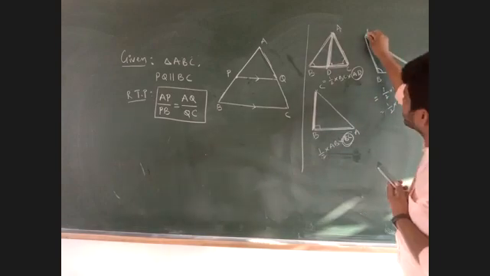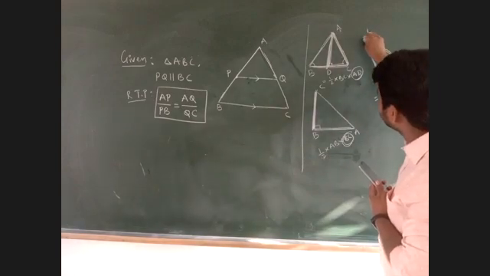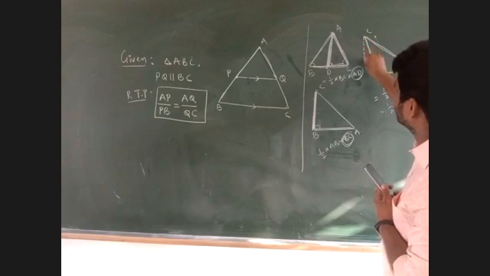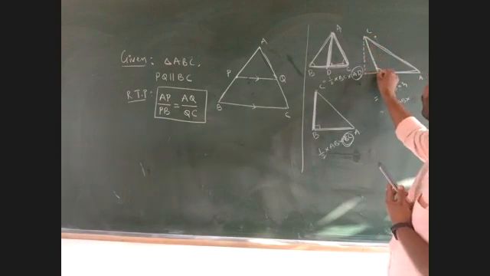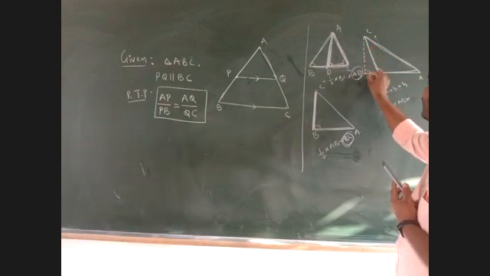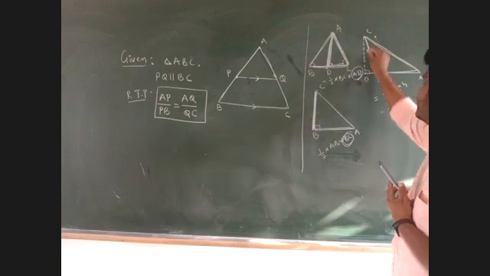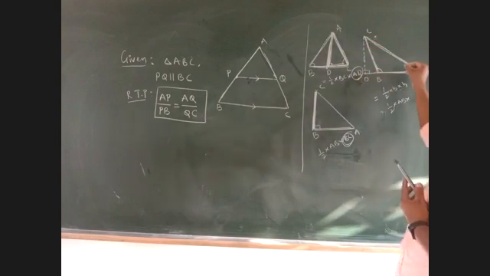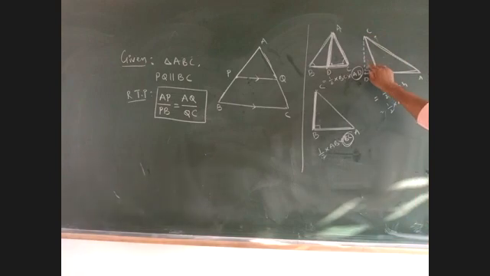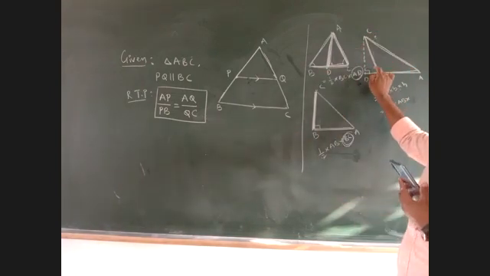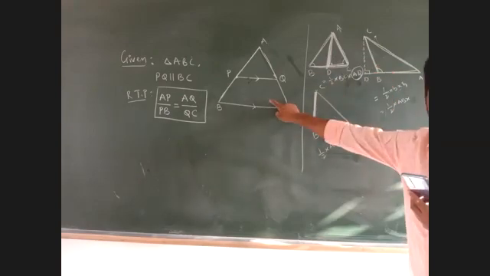From this vertex C, we should draw a perpendicular line, for example CD. CD is perpendicular to AB. This height is outside of the triangle. This point is very, very important for this theorem.